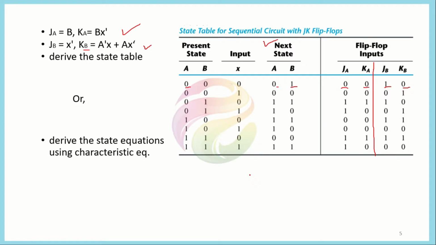There is an alternate method: we can also solve this using the state equation. Instead of writing the input equations for the flip-flops, we write the equations for the next state, meaning A t plus 1 and B t plus 1. Now we will see that method.